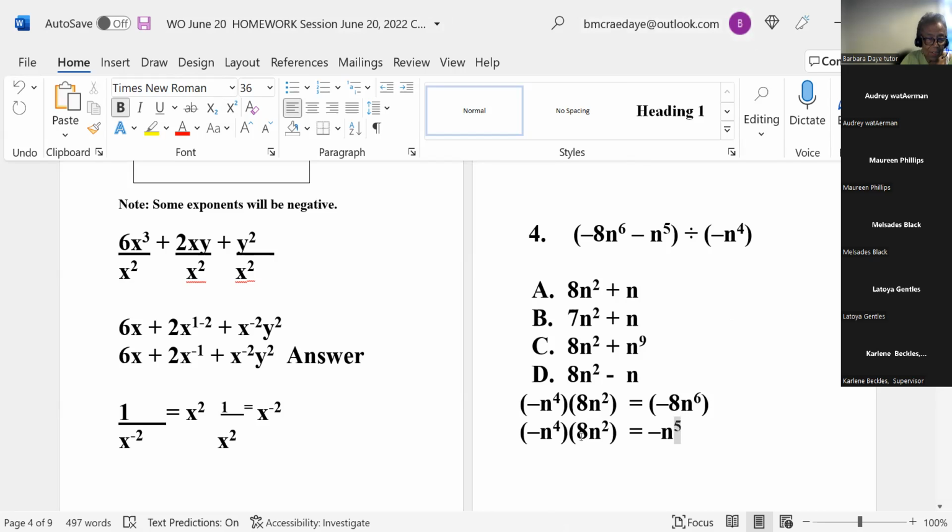And so minus n to the 4th here again. Let me leave this blank and you tell me what goes in the blank. Okay, Maureen. Minus n to the 4th times what factor gives you minus n to the 5th? n. Very good. Okay. So that's n. That's right, because you add the exponents, 1 plus 4, and you get n to the 5th.